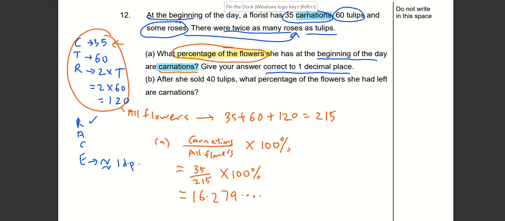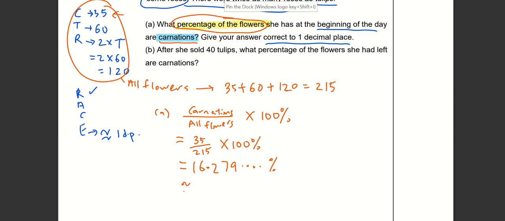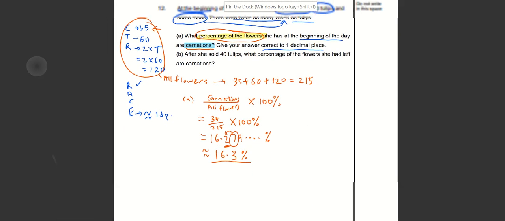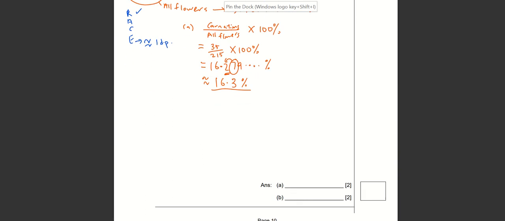Round to one decimal place, that means I stop here. So it will be 16.3, because the 7 is greater than 5, so it's closer to 16.3. So this is the answer for A. When I write the answer as 16.3%, do not forget the percent symbol.